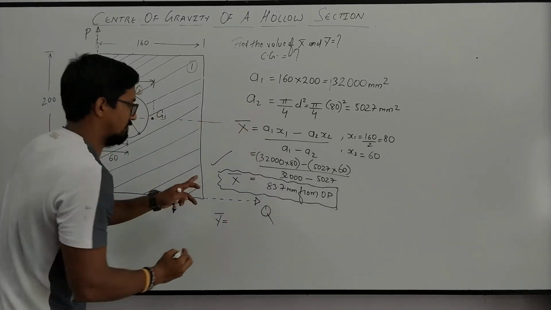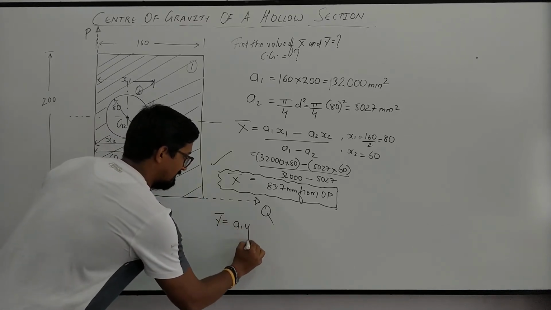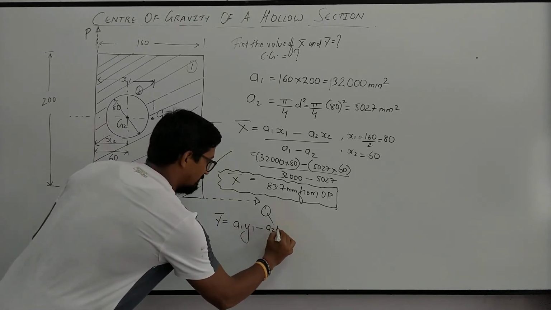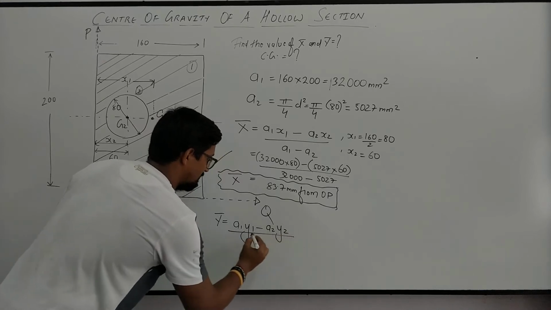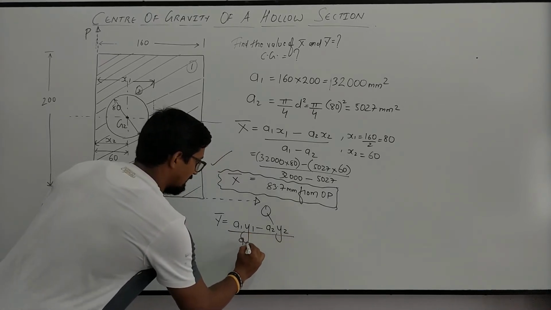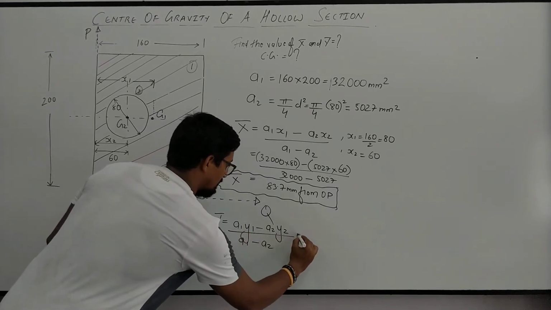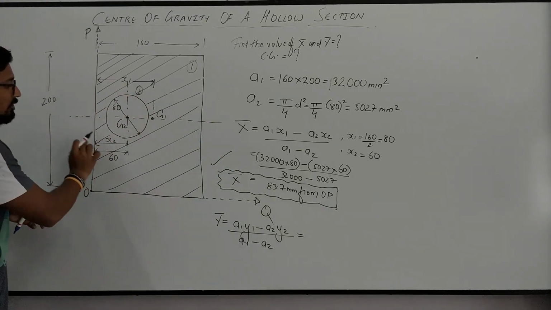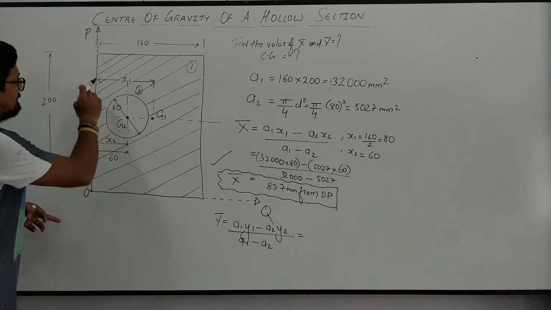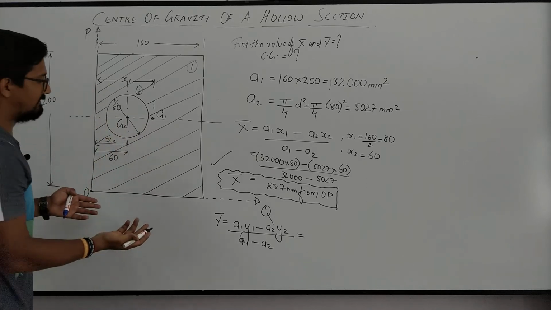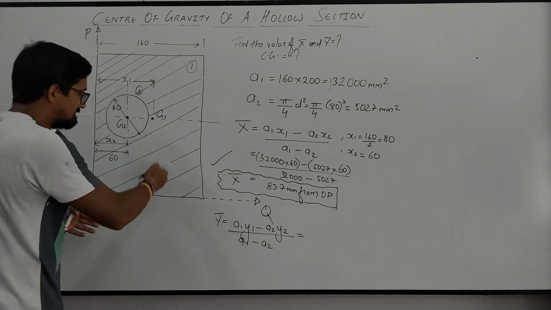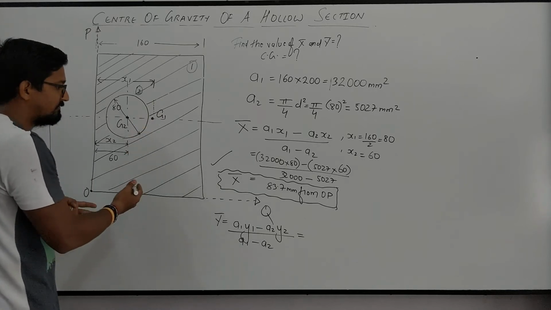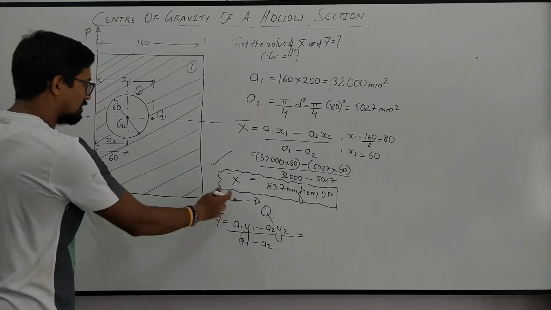is equal to A1 y1 minus A2 y2, again minus because it is a hollow problem, divided by A1 minus A2. Now x1 and x2 are the horizontal distances of the respective CGs from OP. So y1 and y2 will be the vertical distances of the respective CGs from OQ.